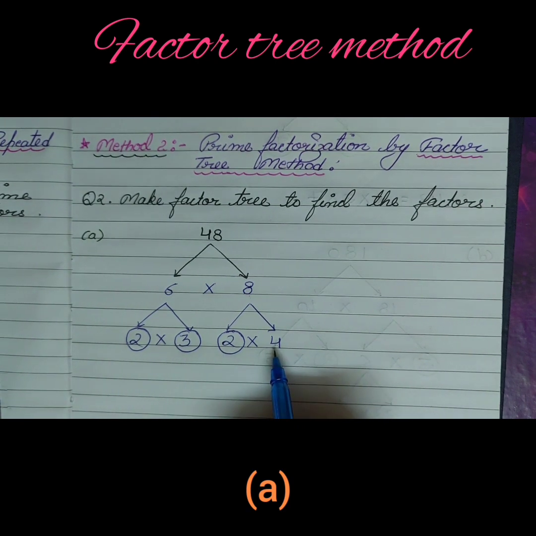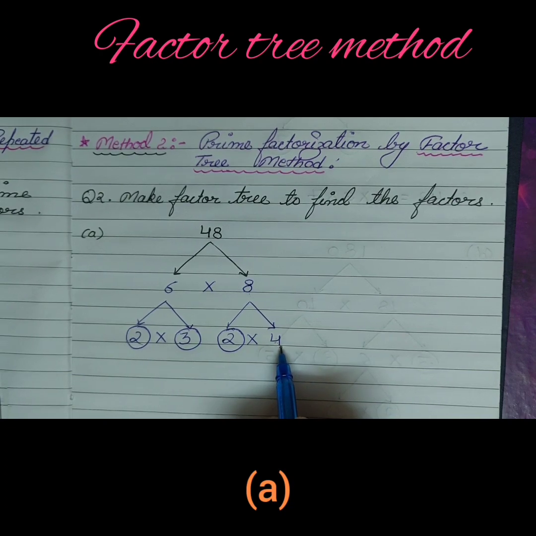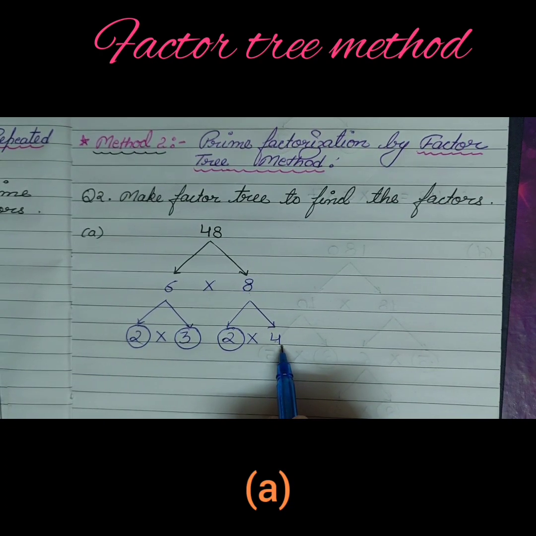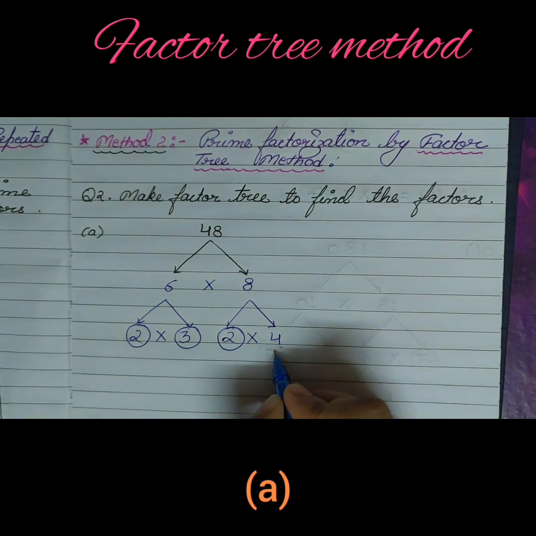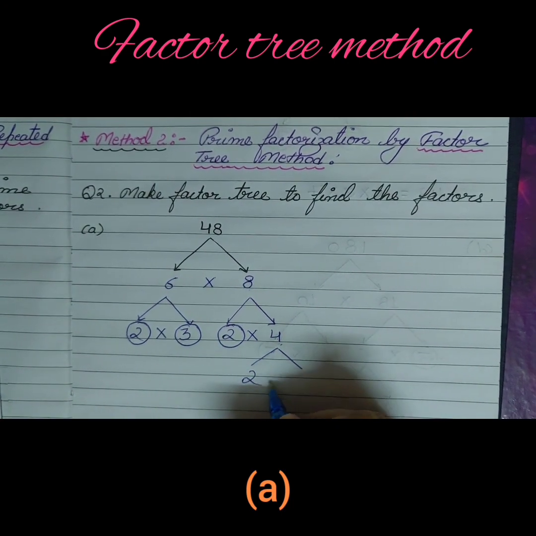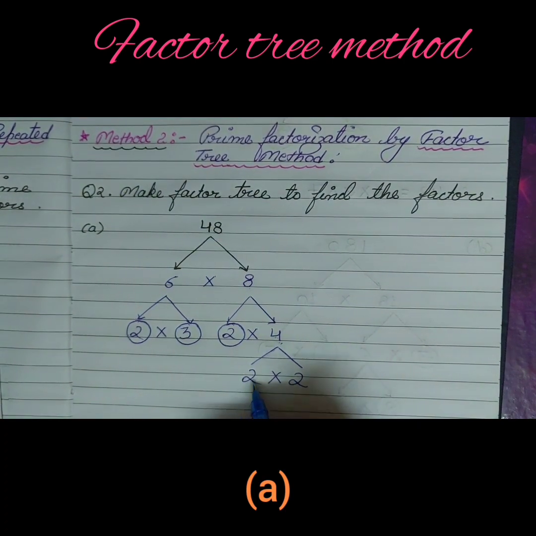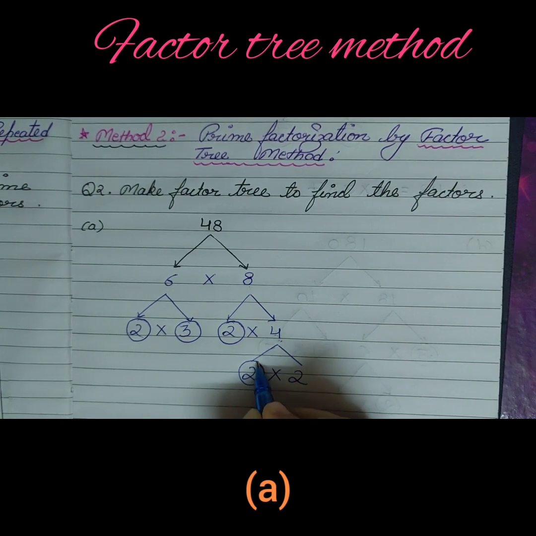We are still left with a composite number, that is 4. Again split this 4 into its factors. Now 4 can be written as 2 times 2. Now both these factors are prime numbers.